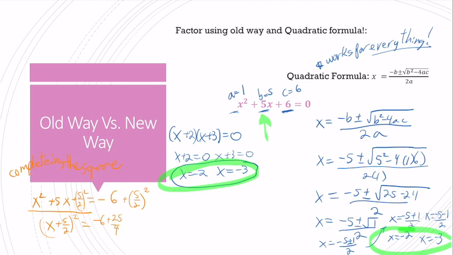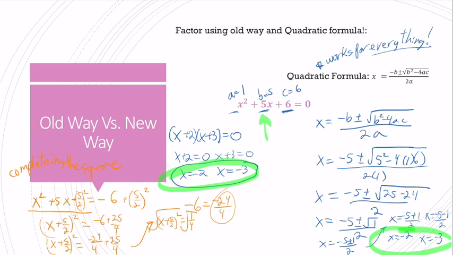Negative 6 is equivalent to negative 24 fourths. So I've got x plus 5 halves squared equals negative 24 fourths plus 25 fourths. So x plus 5/2 squared is 1/4, and I square root both sides.